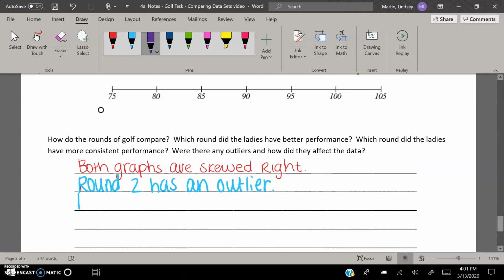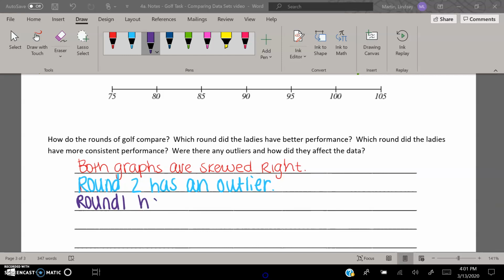And round 1 has a larger median than round 2.